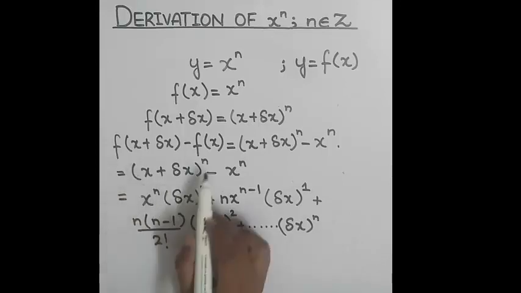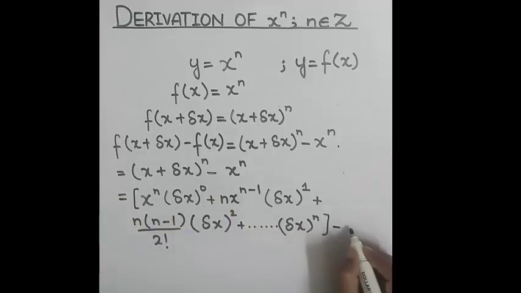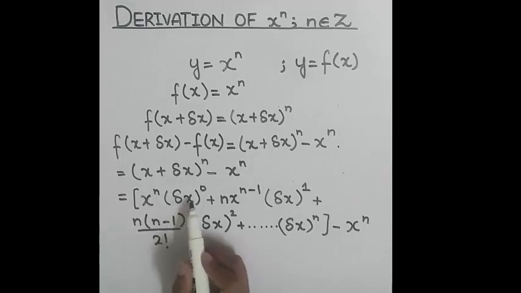So we have expanded this term, let me close it in a bracket, minus x raised to power n. Now this is x with delta x raised to power 0, which means 1.